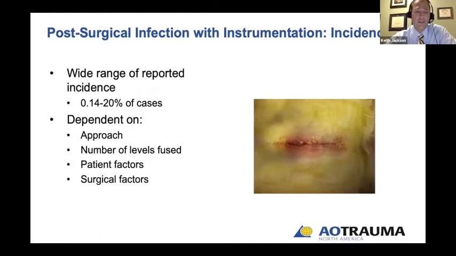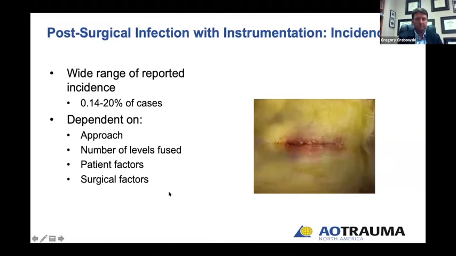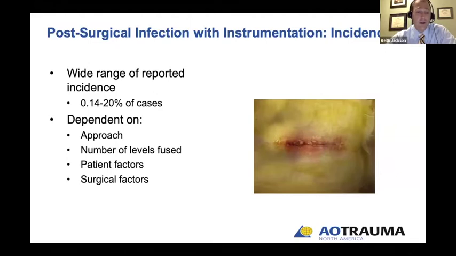So the range actually varies quite widely, anywhere from 0.014% in things like ACDF and lateral interbody devices up to 20% in posterior approaches for multi-level adult deformity cases or fusions for malignancy. The rate of infection depends on variables like approach, the number of levels fused, or the magnitude of the surgery, specific patient factors, which we'll get into, as well as surgery-related factors.